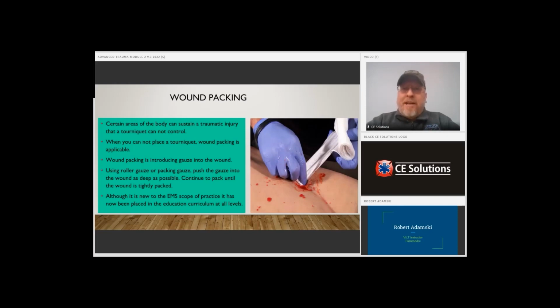So they'll work in synergy, or work together, to better help control that life-threatening hemorrhage.